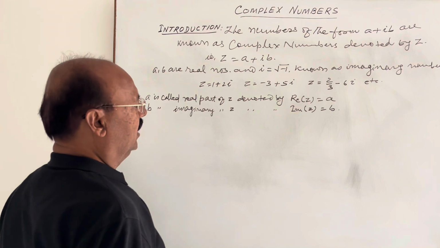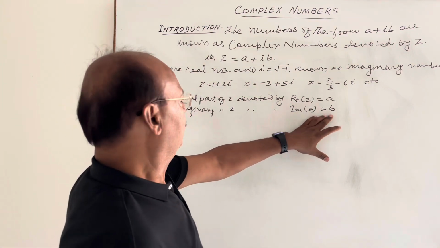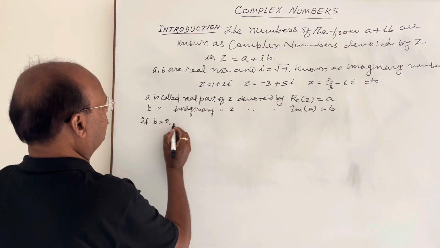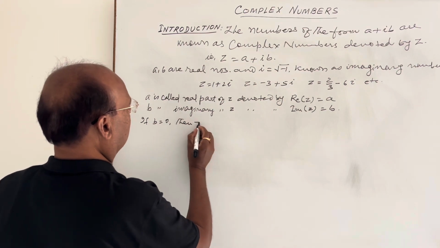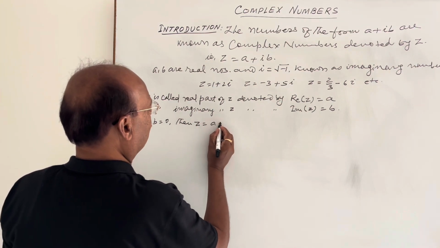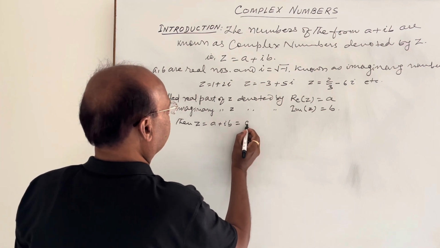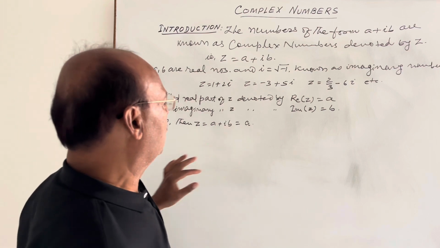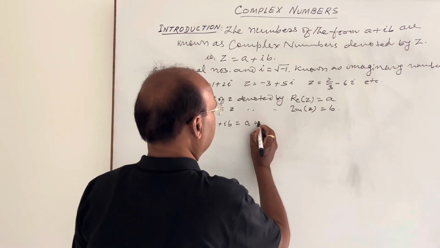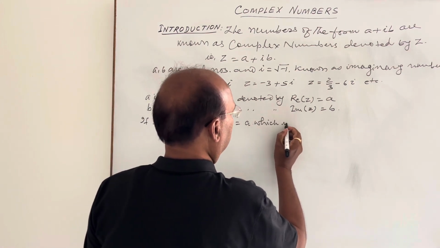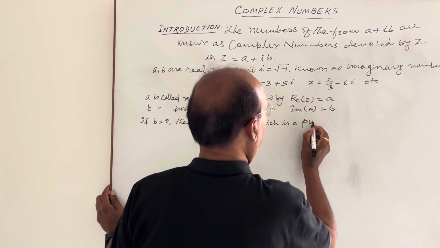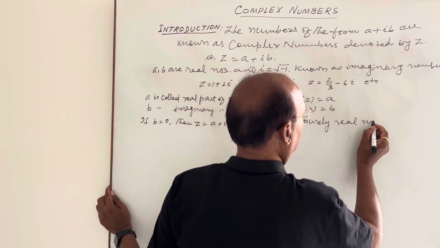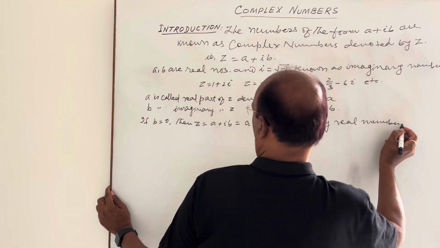Correct? If b is equal to 0, then Z is equal to a plus ib becomes a. Then this is called a purely real number.